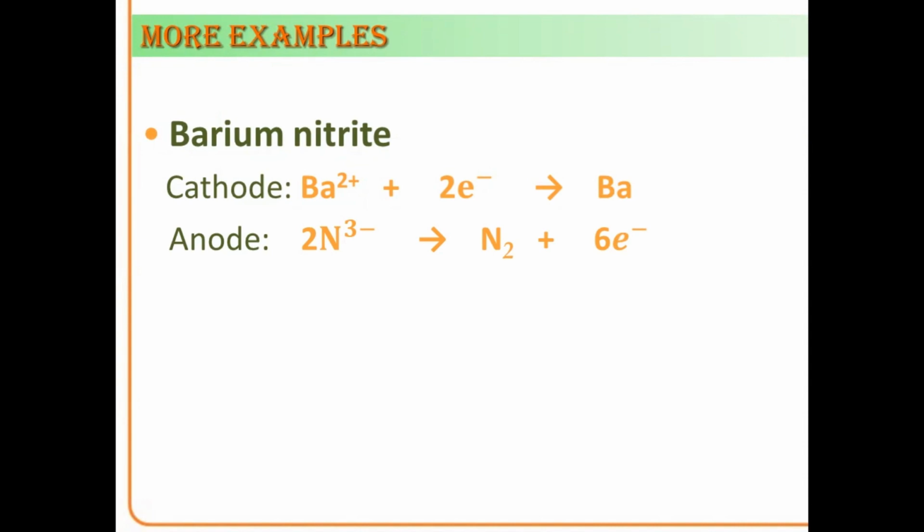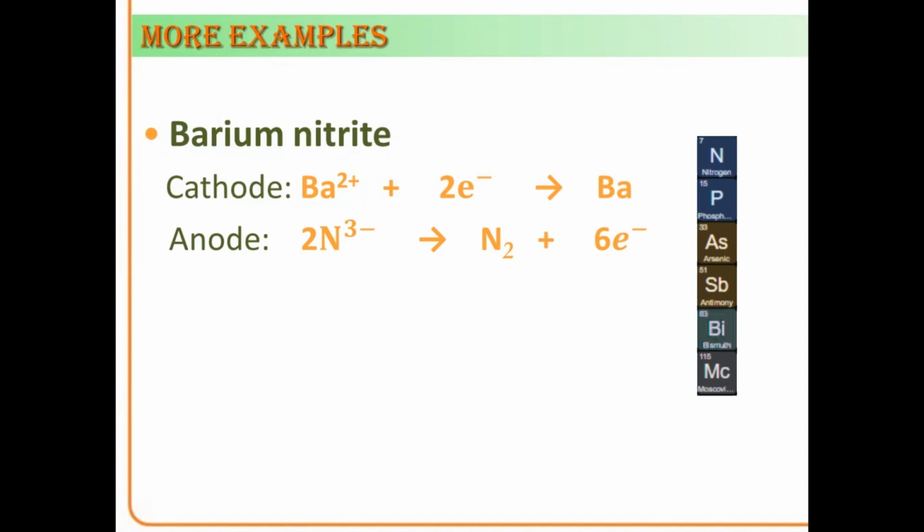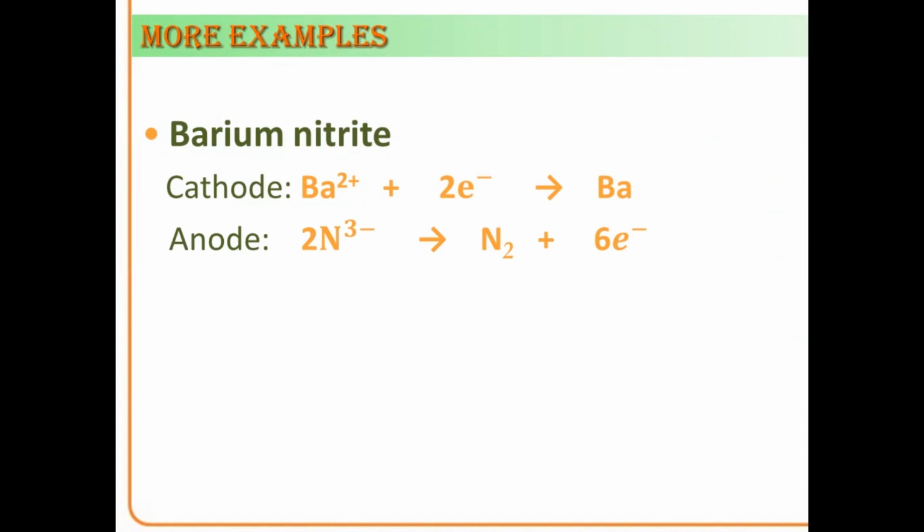When you look at barium nitride, you need to remember that nitrogen is in group 5 of the periodic table, and the charge on the ion is 3 minus. Each ion needs to lose 3 electrons, but because nitrogen is diatomic, you're going to be dealing with 2 nitride ions, and 6 electrons are involved.